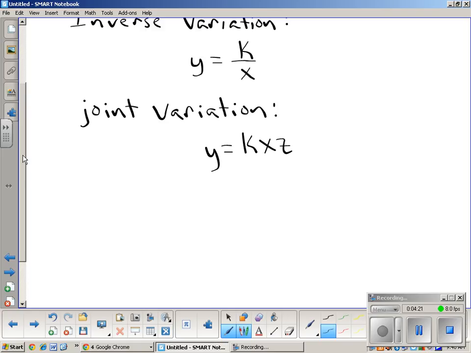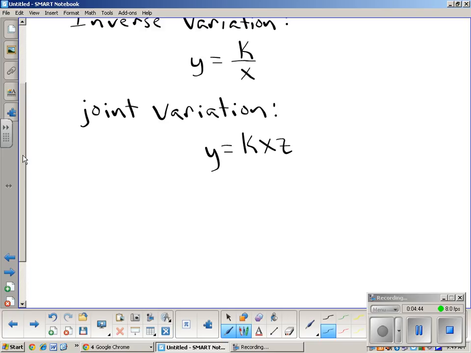I don't think, to be honest, we're going to look at graphs of joint variations, because we can only right now look at graphs of two variables, the x and the y, and now we're throwing in some z, which is a variable also.